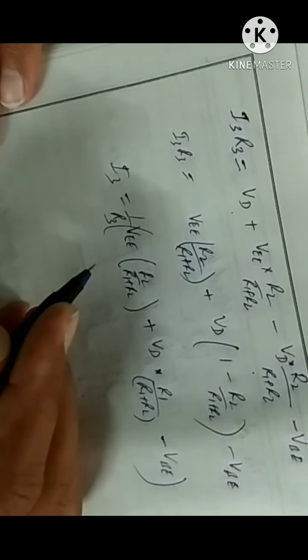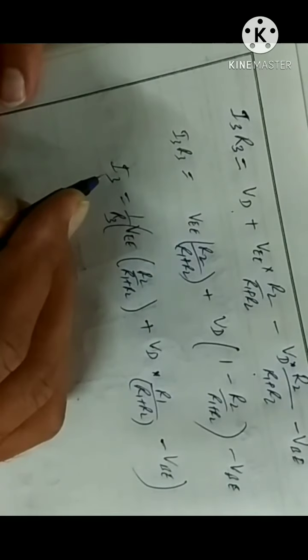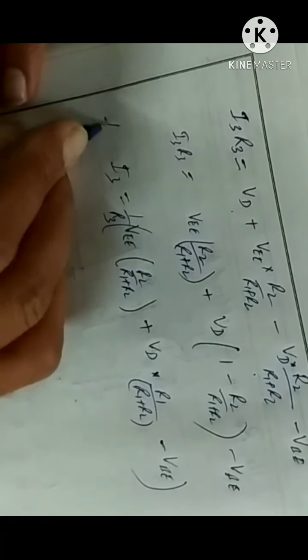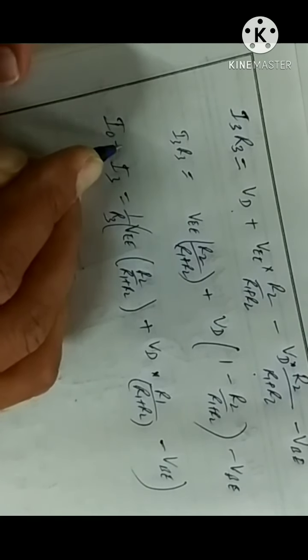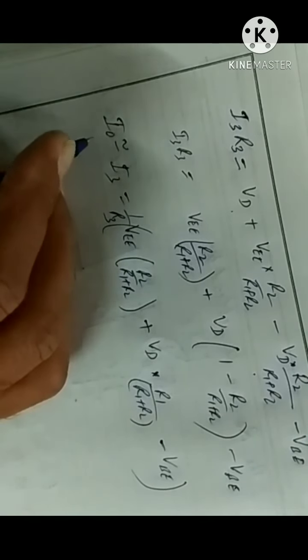So this is nearly equal to IO, because I3 is the emitter current and IO is the collector current.